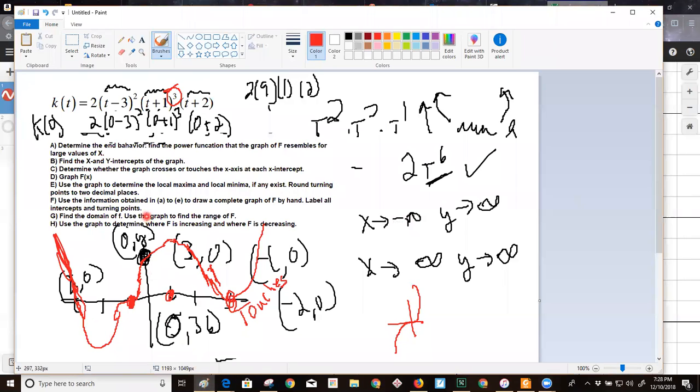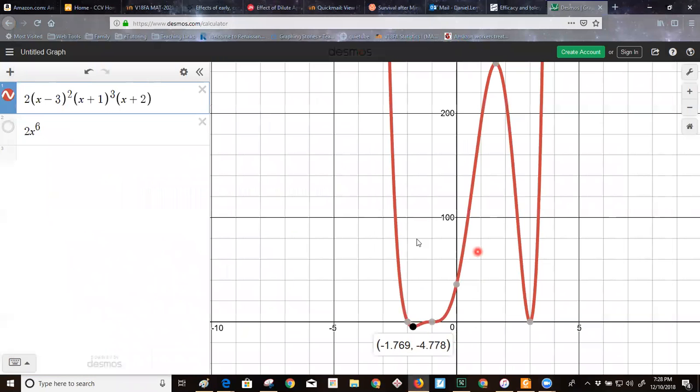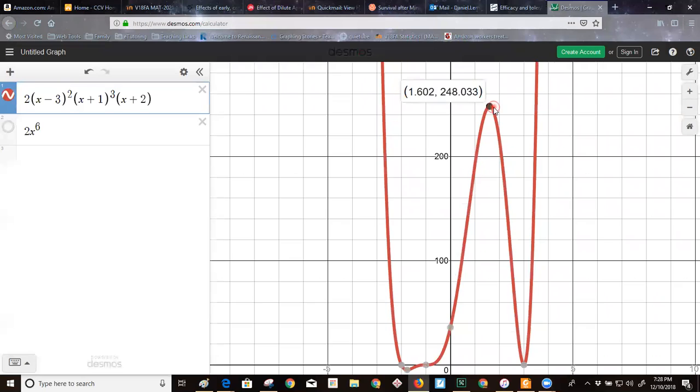What's the last thing we've got to answer? Where is it increasing and decreasing? You can kind of see it. See how the y is decreasing? It's decreasing until that turning point, and then it's increasing up until that turning point. Then it's decreasing. So you just write down the x coordinates there. You don't have to write down the y coordinates.